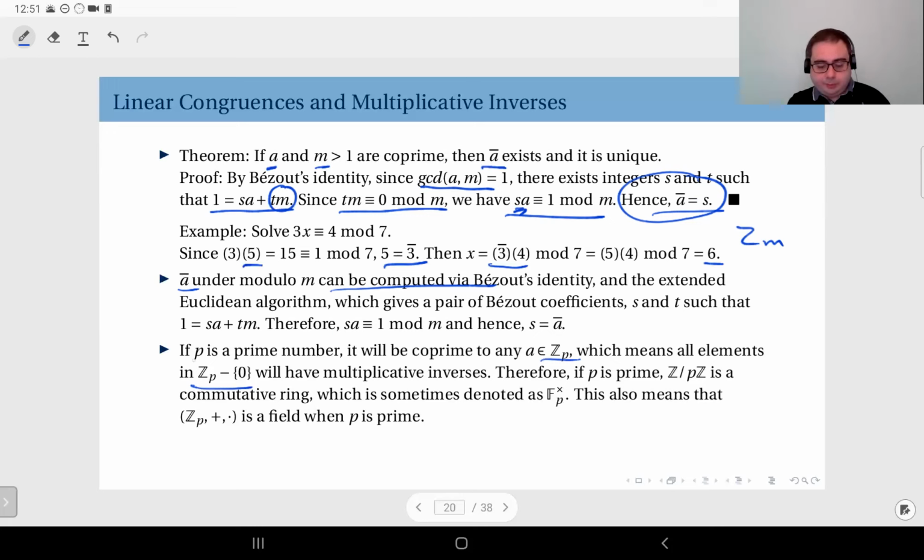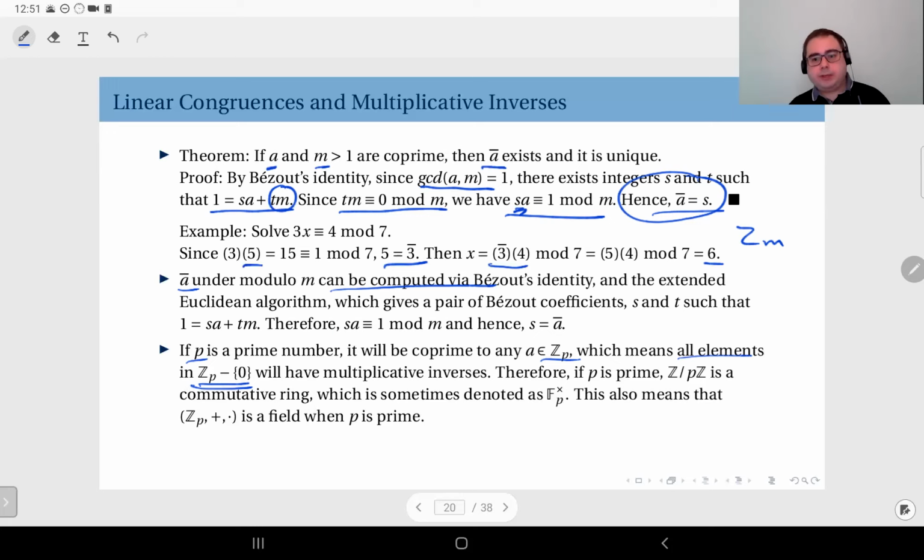But since the modulo value is itself a prime number, it will always be co-prime to any coefficient you have, right? Therefore, if your modulo base is prime, then all elements in your set, except 0, are guaranteed to have multiplicative inverses.